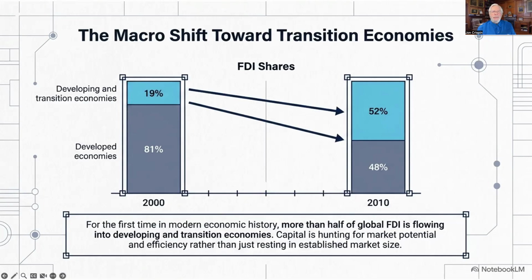But for the first time in modern economic history, more than half of the global FDI is flowing into developing and transitional economies. So capital is hunting for market potential and efficiency rather than just resting in established market size.